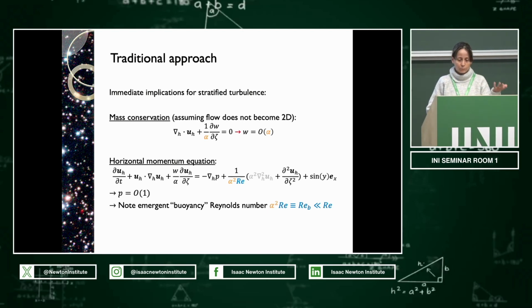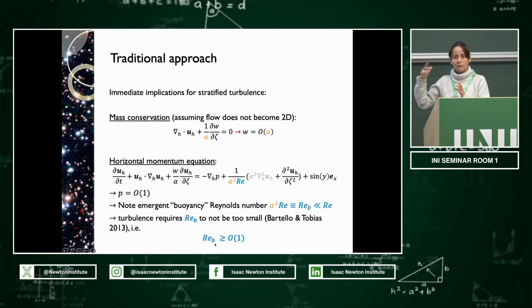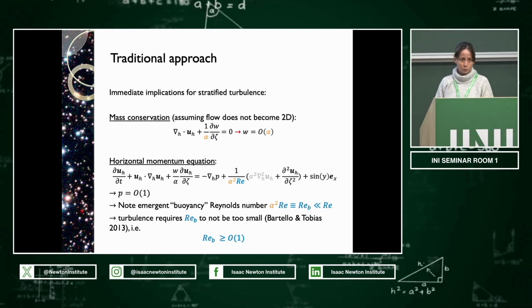And so in order to have any chance of being in a turbulent regime, we actually need this buoyancy Reynolds number to be at least of order 1 or bigger, because otherwise we're truly viscously dominated. So turbulence requires this Rb not to be too small. So in all, when I take the limit of very small stratification, I'm going to equally take the limit of very large Reynolds number so that the buoyancy Reynolds number at least remains of order 1 or bigger.